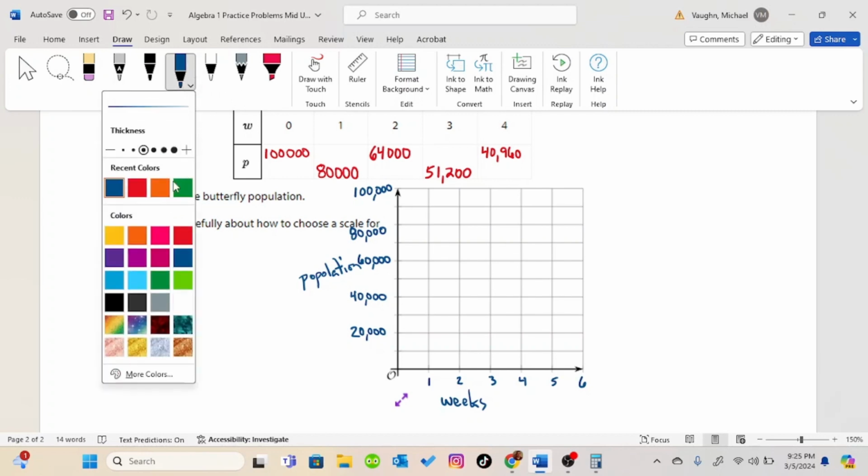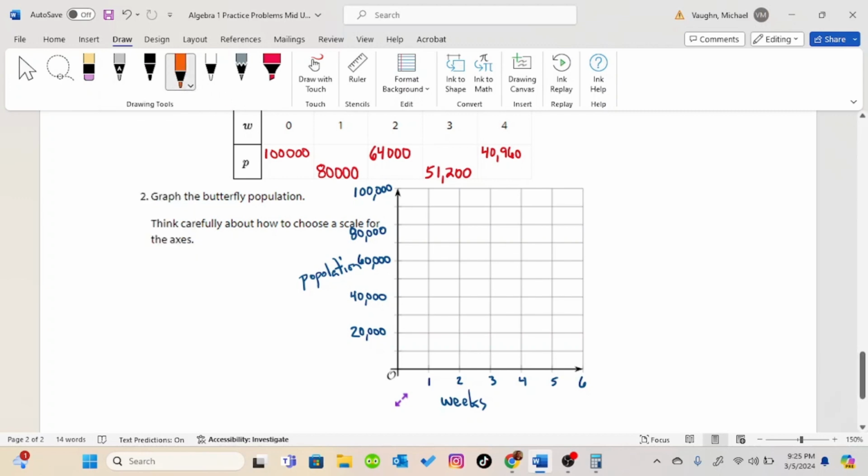Now we can plot our points. Each column is a point pair. So we have a point at 0, 100,000. That's the y-intercept. Then I have a point at 1, 80,000.